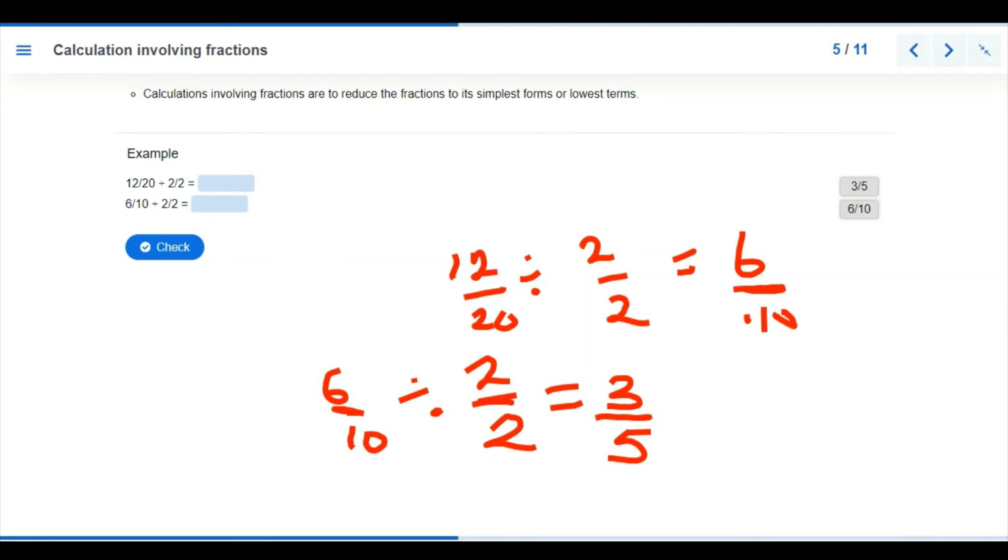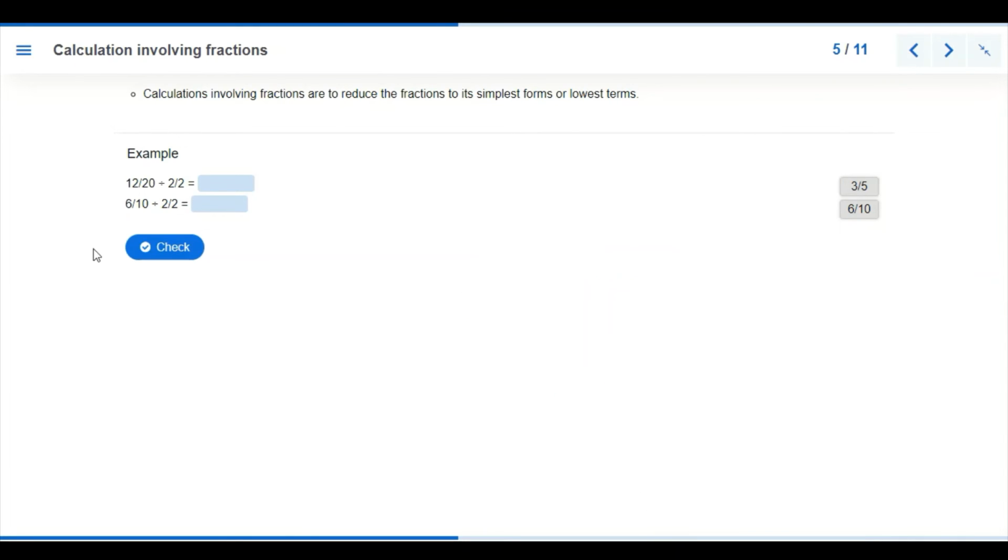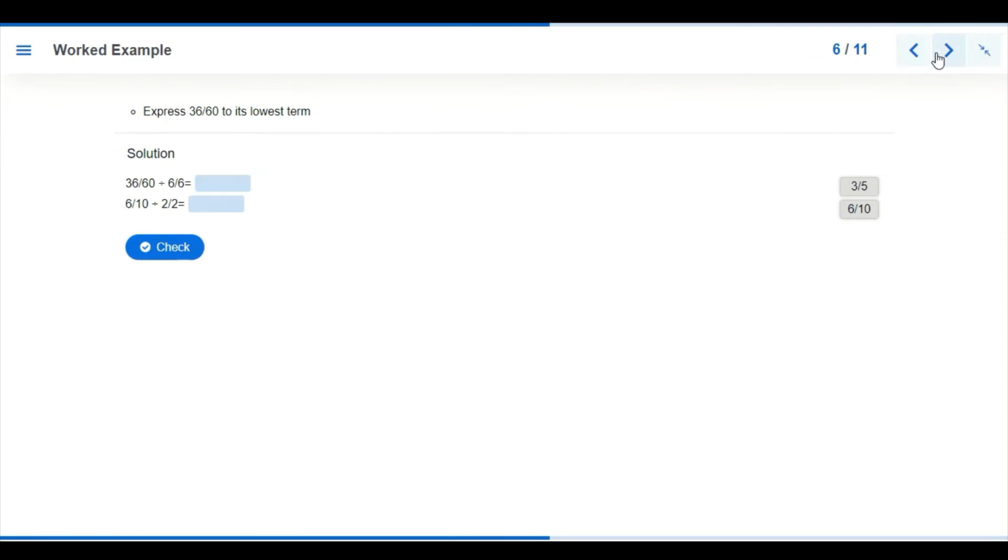So we can actually solve for the solution now. Let's check for this one. Based on our calculation, we have 6/10, and 6/10 divided by 2/2 will give us what? 3/5. Yes.